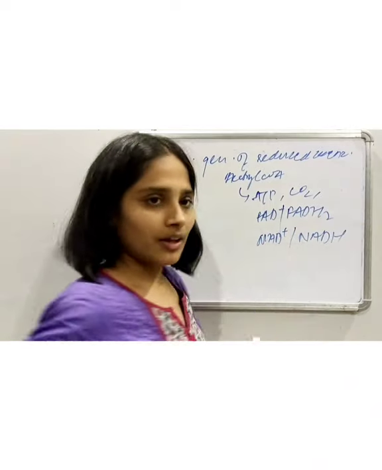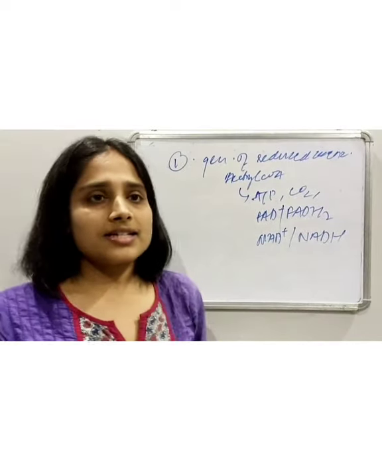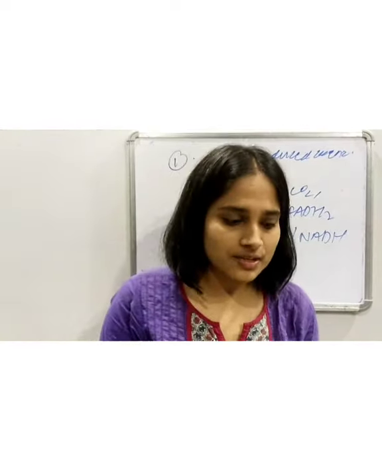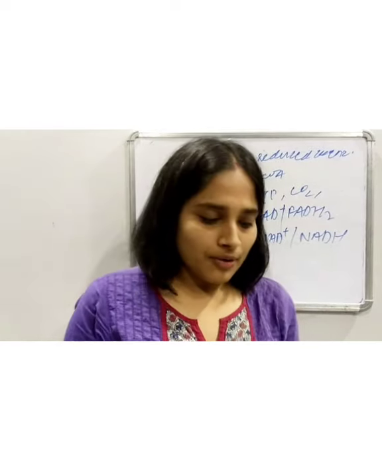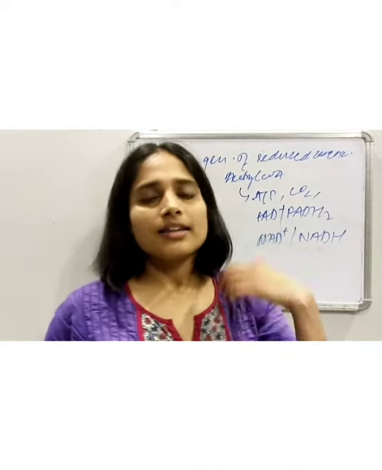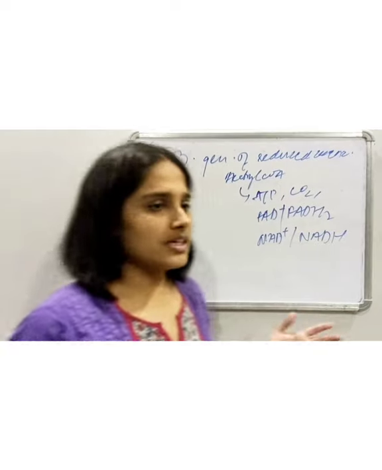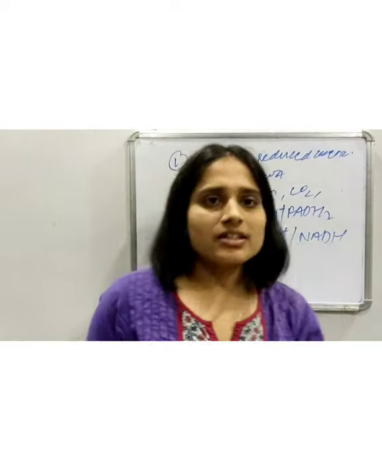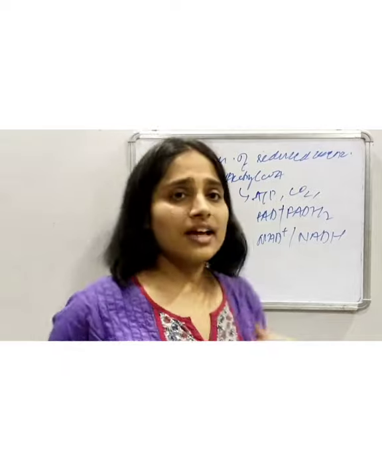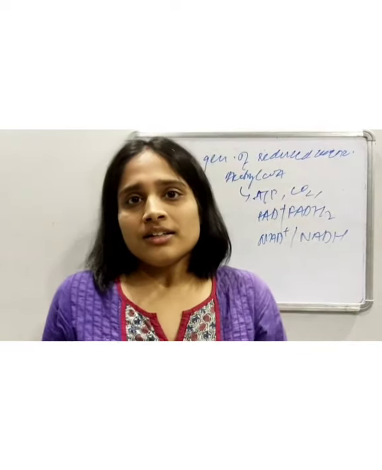And then the second is it supplies various intermediates for the biosynthesis of carbohydrates, lipids, amino acids, nucleotides, etc., which are other major biomolecules. All the intermediates generated in the cycle are not wasted; they are used in some or the other metabolic pathways.